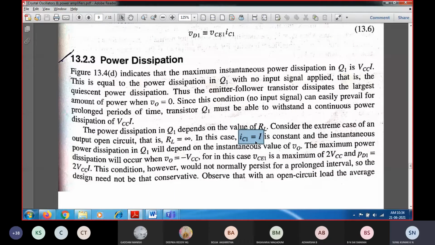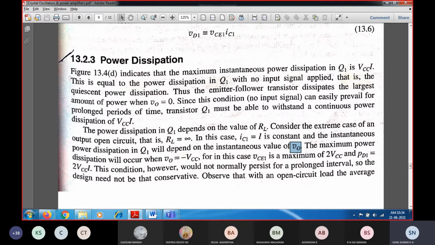The current of transistor Q1 will be constant because of the constant bias circuit of transistor Q2. Because of that, the instantaneous power dissipation of Q1 will depend on the instantaneous value of V0. The instantaneous power dissipation will be dependent upon the output voltage.